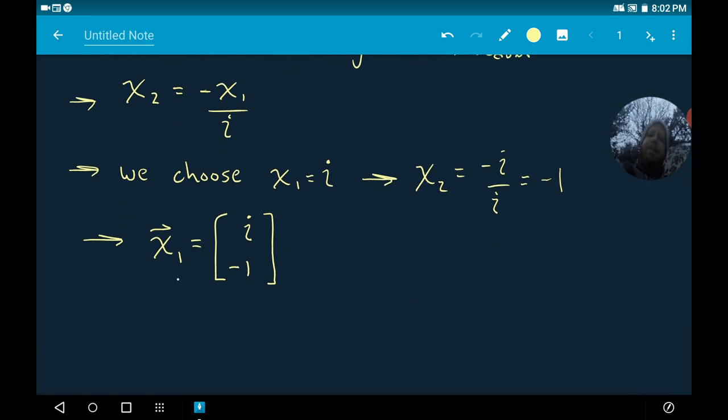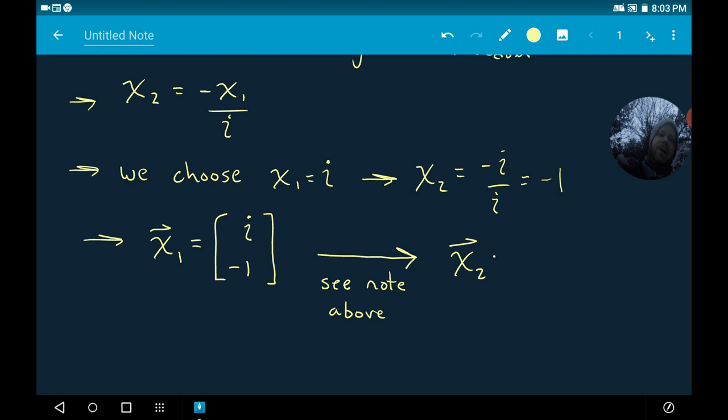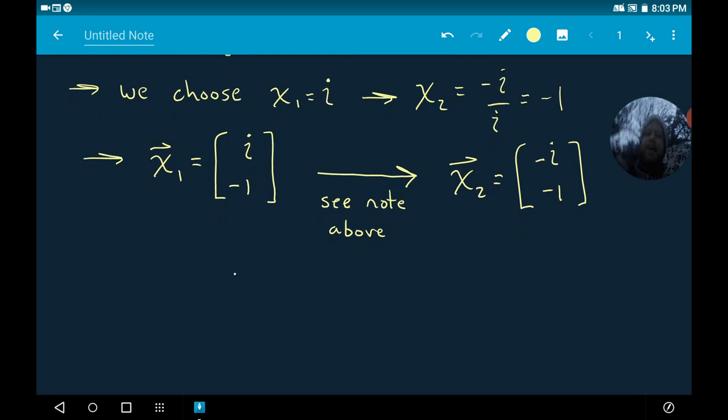Okay, this is our eigenvector number 1. And if you look at the note above, the note above says that our eigenvectors come in complex conjugate pairs. So this is our complex conjugate, right? All the real values keep their sign, and our imaginary values switch signs.